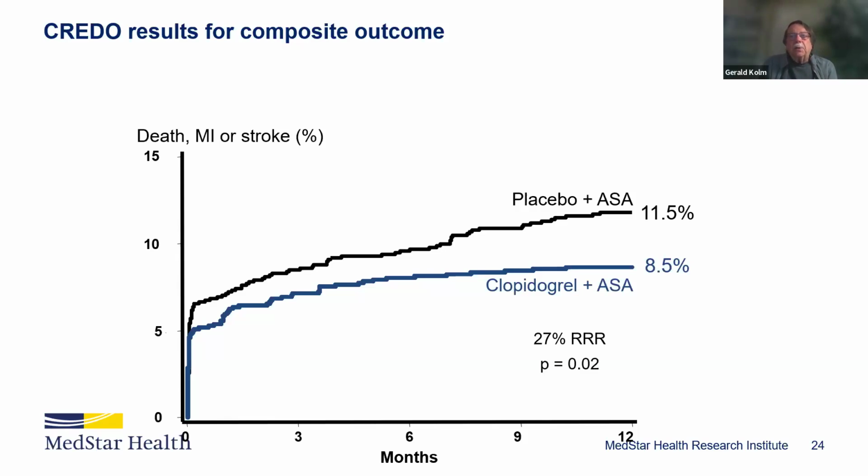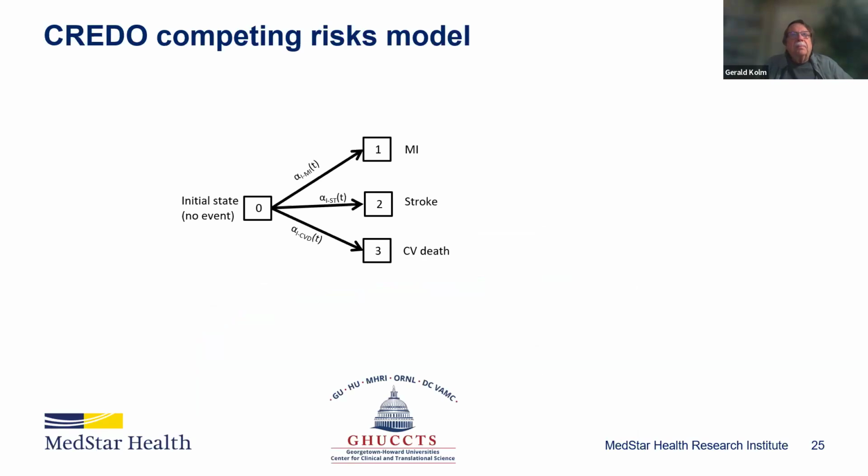That translates to a 27% relative risk reduction. And that was statistically significant. But we might want to then look at the particular components rather than the composite. And so, as I mentioned, often this is done by analyzing the components separately. And oftentimes they call that a secondary analysis.